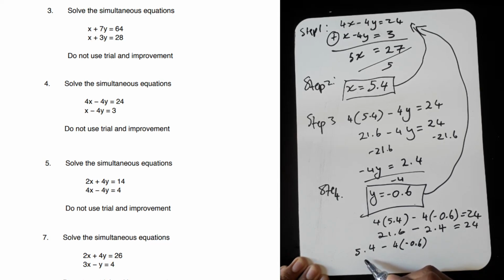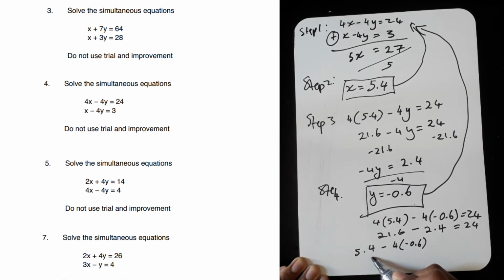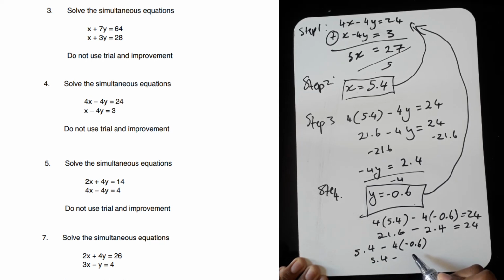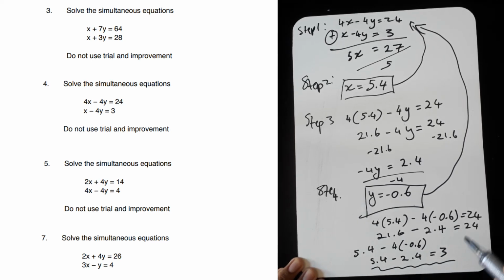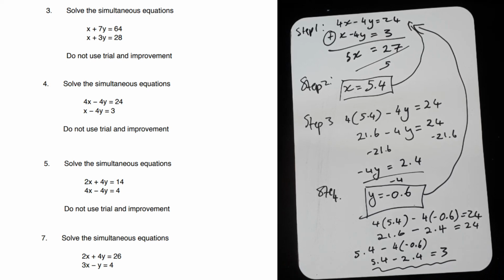So 5.4 minus 3.4 equals 3. And this is the second equation. So that means it's right.